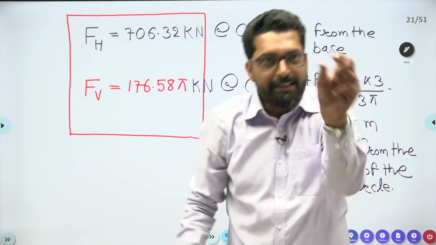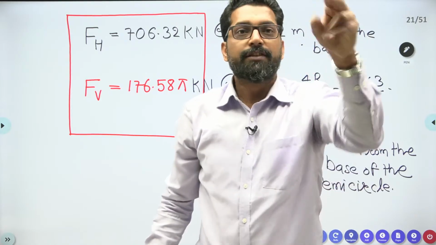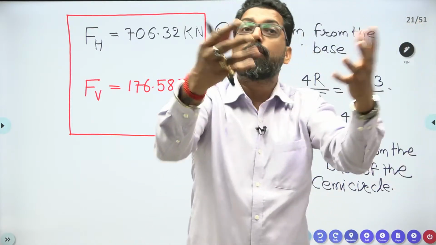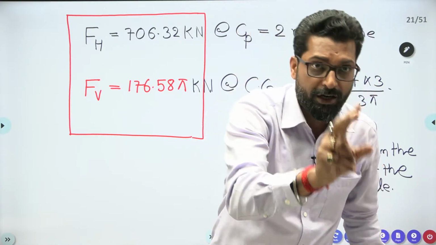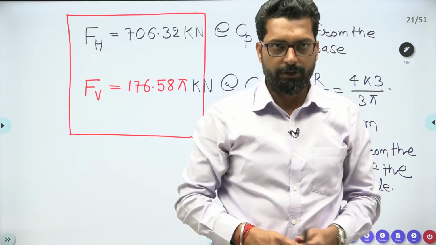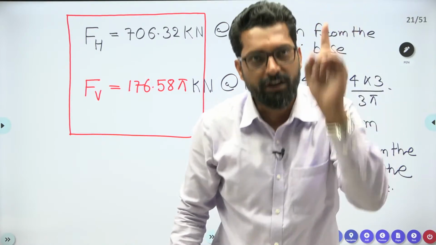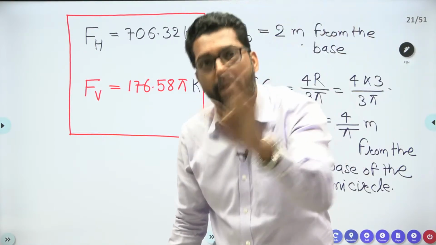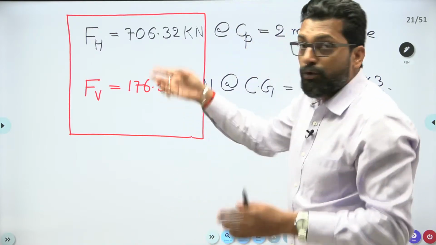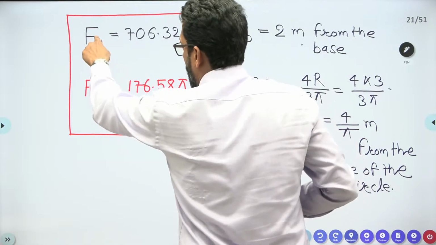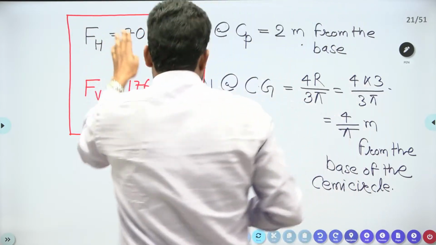Why? Because at the hinge there is no moment, only force. There are 3 equilibrium conditions: net horizontal force is 0, net vertical force is 0, and net moment at that point is 0. So this force is due to hydrostatic force.